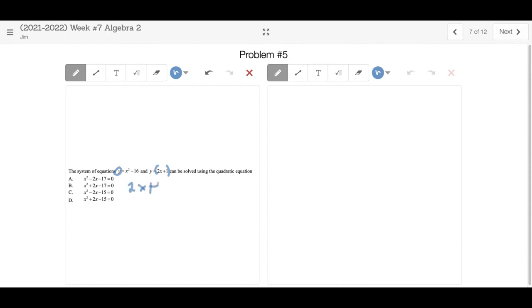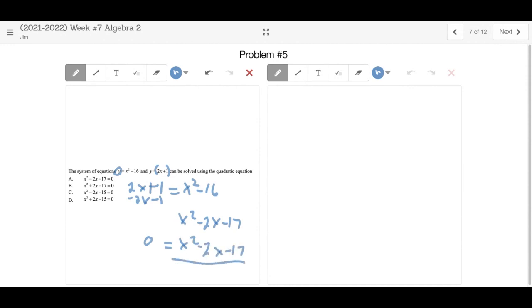So that would be 2x plus 1 is equal to x squared minus 16. Then I have to set it equal to 0 because that's the only way you can use the quadratic formula or factor. You have to have the quadratic set equal to 0. So I'm going to subtract 2x off. I'm going to subtract 1 off. So I'm left with x squared minus 2x minus 17.